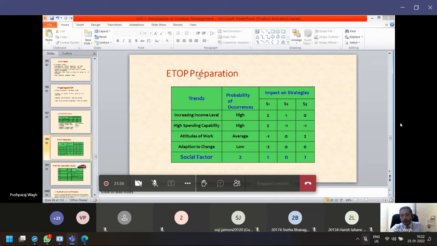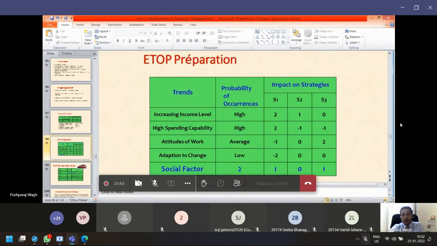Then in the second column, we will find out the probability of occurrence. For example, in this case, you can see in the second column, increasing income level has a high probability of occurrence in the society, and therefore it is having a high impact. So high impact means we'll have to give positive or negative marks.